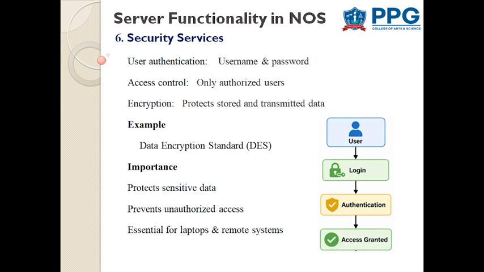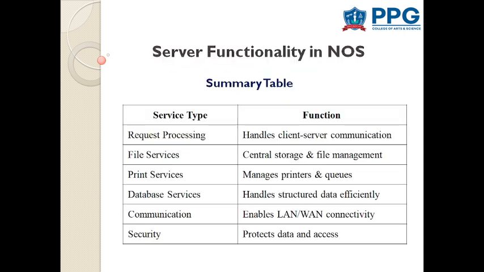Once authentication is granted, then access will be permitted to the users. Important here is it protects sensitive data, prevents unauthorized access, and is essential for laptops and remote systems. All this together ensures secure network operations. These are the security services.